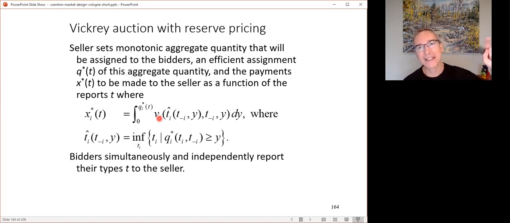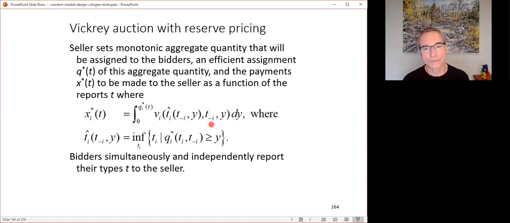So when I've got the highest value of 100, you've got the second highest at 90, that means I can report a type that's below 100, I can bring it all the way down to 90. And so that's what I'm charged, 90. So that's what this is doing. It looks complicated, but it's doing exactly what we do in the second price auction. It's just the straightforward generalization. It took us a bit to get to this point, but it's very nice.